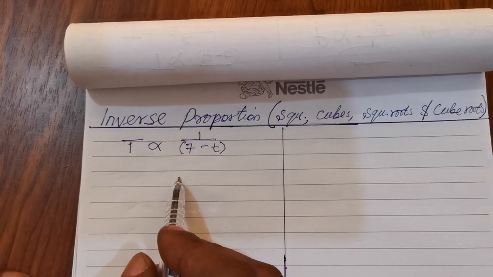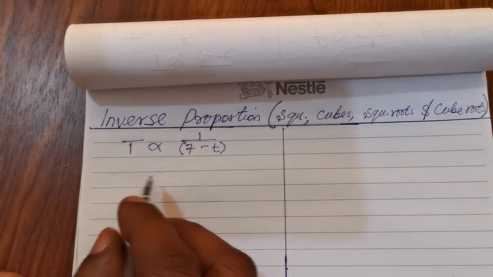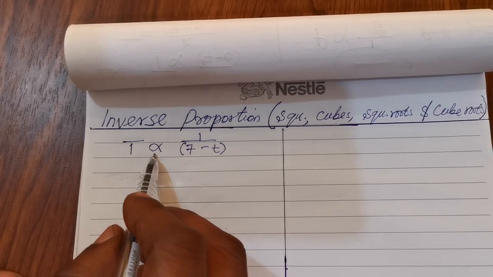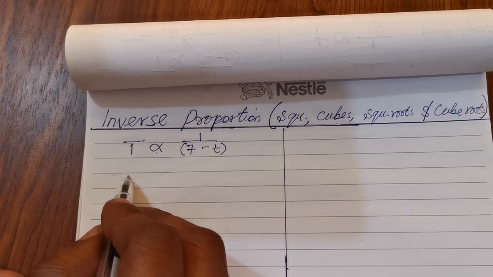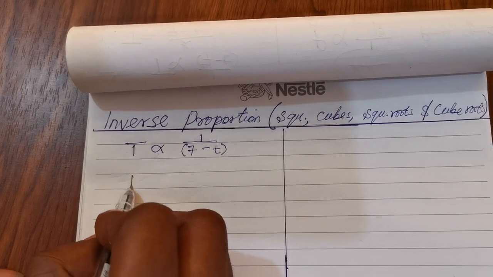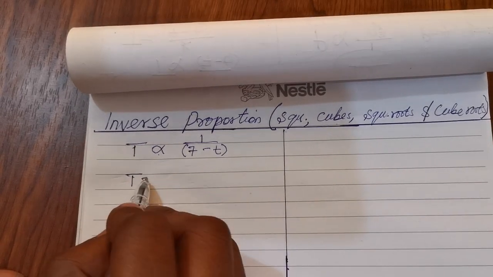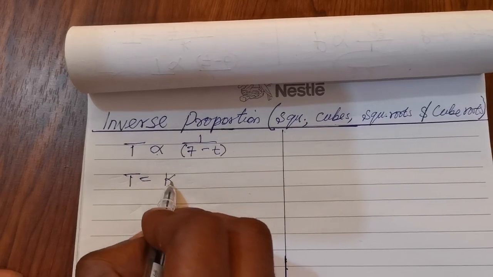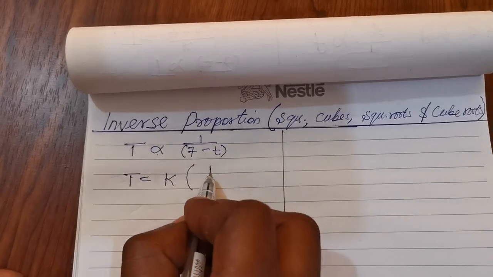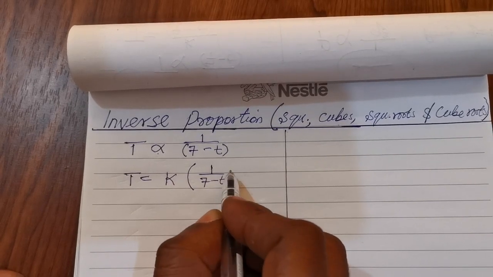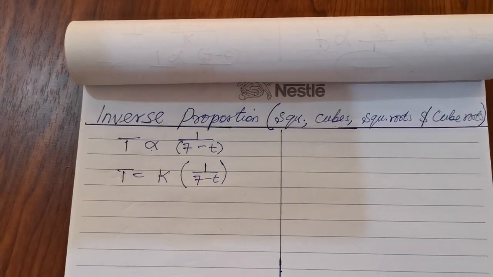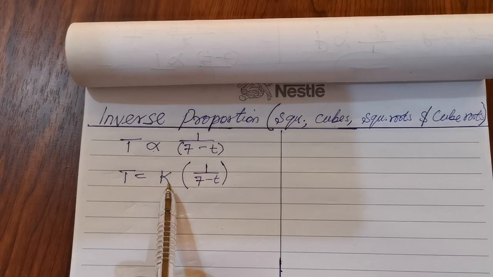So in this case, I will change the proportionality symbol to a proportionality constant. We have T is equal to k into 1 over 7 minus t. Okay, so here this is now my proportionality constant.